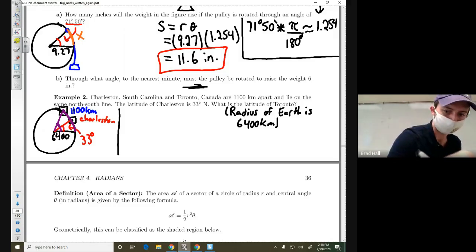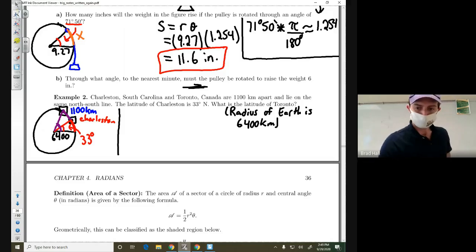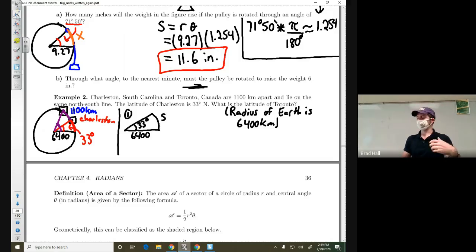So I'm going to figure out this distance right here, that distance in red. So really, I'm just taking out, basically think about it as a pie, that little sliver. So none of this has anything to do with Toronto. We're just ignoring that one for now.